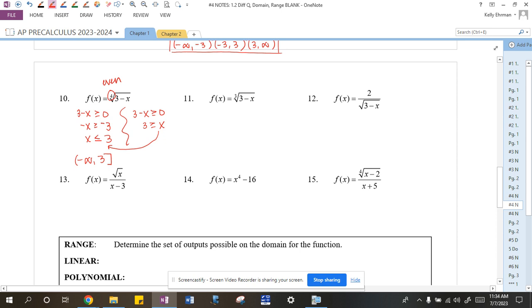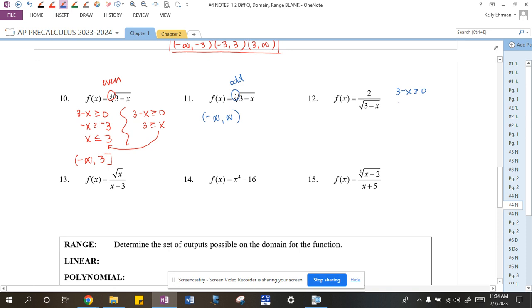Odd roots have no restrictions because you can take an odd root of a positive, a negative, and a 0. So odd roots are falling in line with polynomials, all real numbers. Now, when you start combining roots and rationals, that's where you have to think a little bit more. The root says that 3 minus x needs to stay greater than or equal to 0.